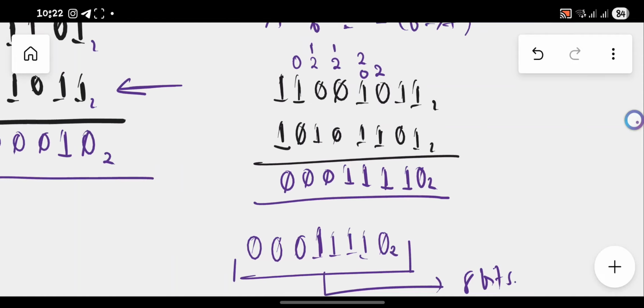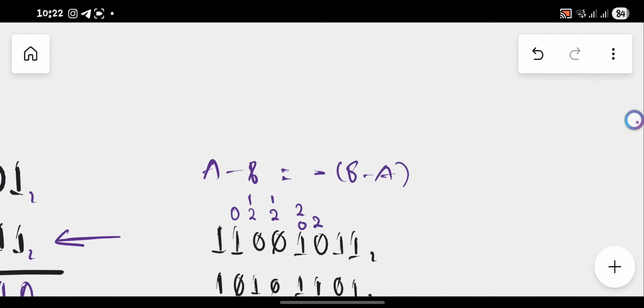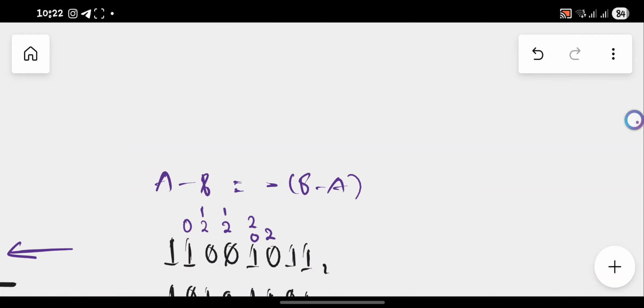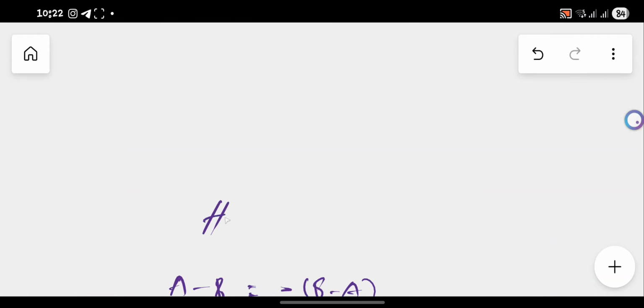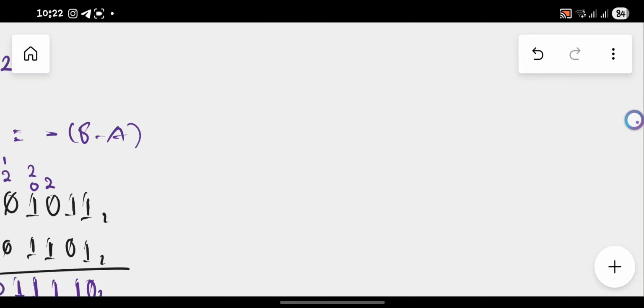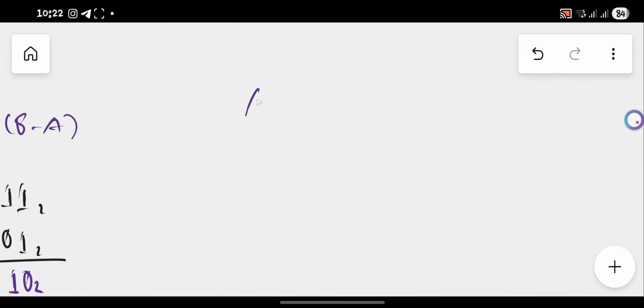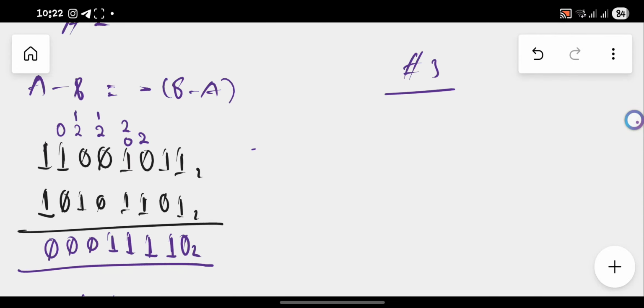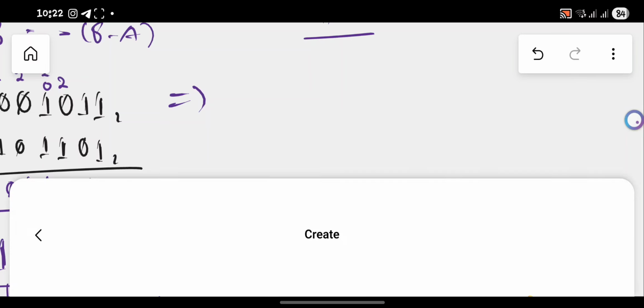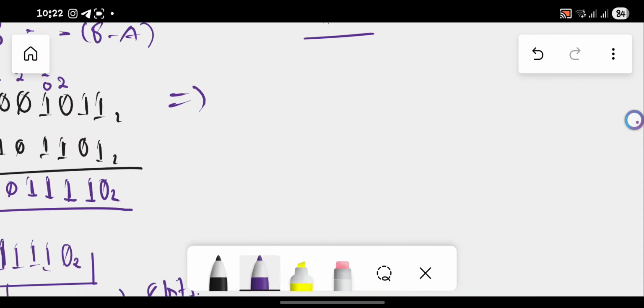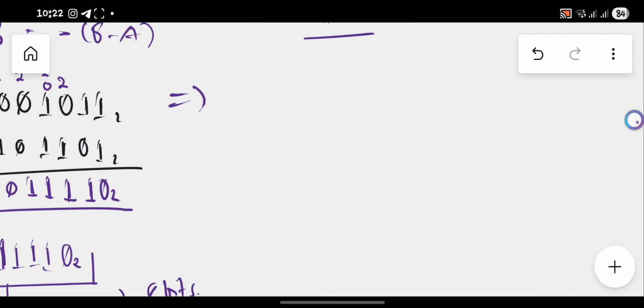Now the last method, so this becomes method 3. Method 2 was the inversion. Now the last method you can use would be to convert it. So method 3 will be to convert these numbers. When you convert these to base 10, you are going to get 173, and this is going to give you 203.